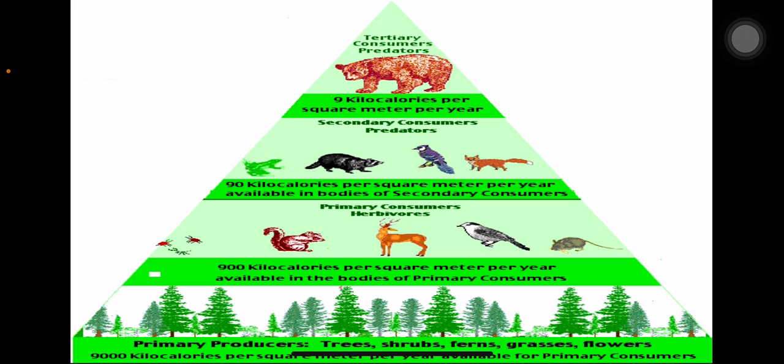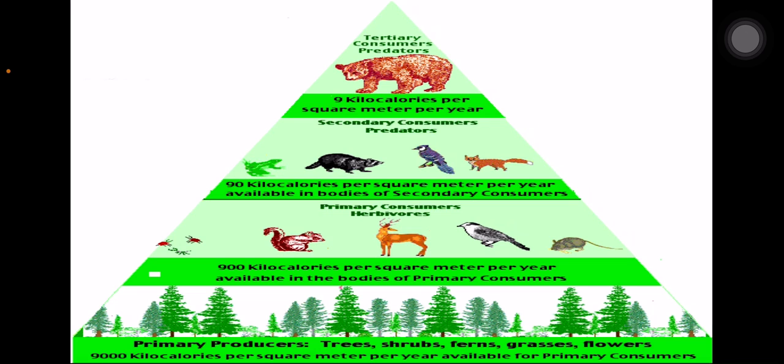And then I also show a food pyramid here. So at the bottom are the primary producers, so the trees, shrubs, ferns, grasses, and flowers. And then above this are the primary consumers, so they will eat the plants. So we have insects, squirrels, white-tailed deer, some birds, and then rodents.